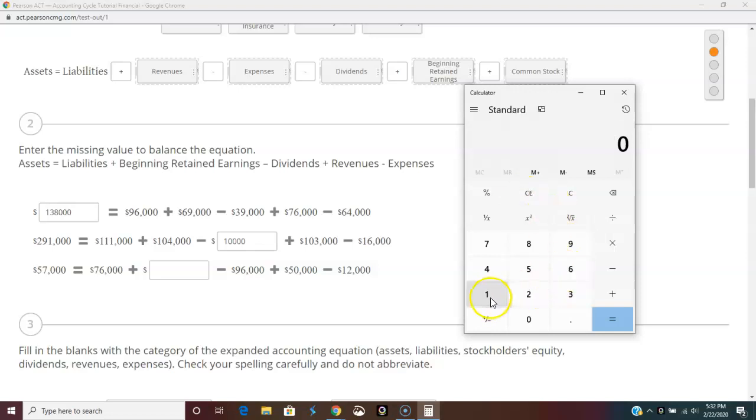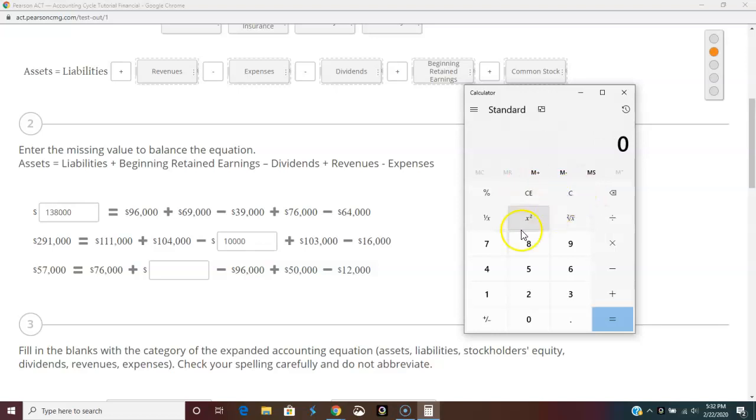And then I like to double check, as you've seen. So we're going to go 111 plus 104 plus 10, oops, sorry, minus 10 plus 103 minus 16. I have a feeling I screwed this one up.